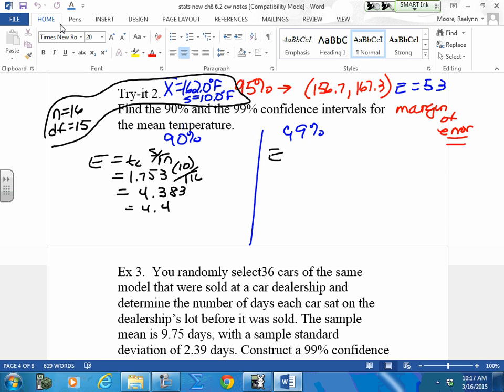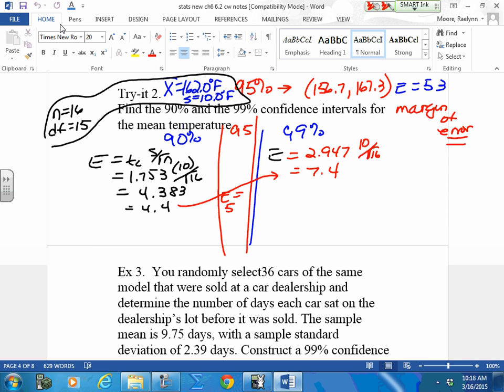Let's do it for this one. What's the TC for this one? TC 2.947. So your margin of error comes out to be what? 7.37. Okay. So what happened here to here? Look at your 95, it's right in the middle.